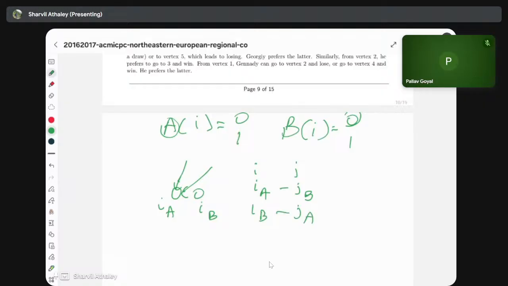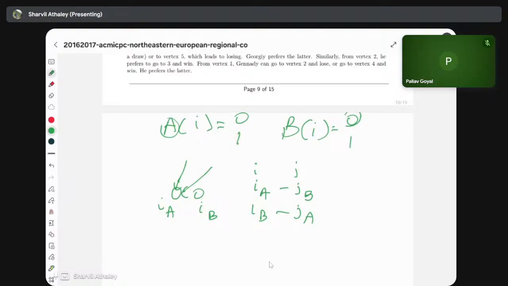So we'll construct these edges as corresponding to the new nodes, and then whenever the out degree of any node is 0, we'll add it to our queue.